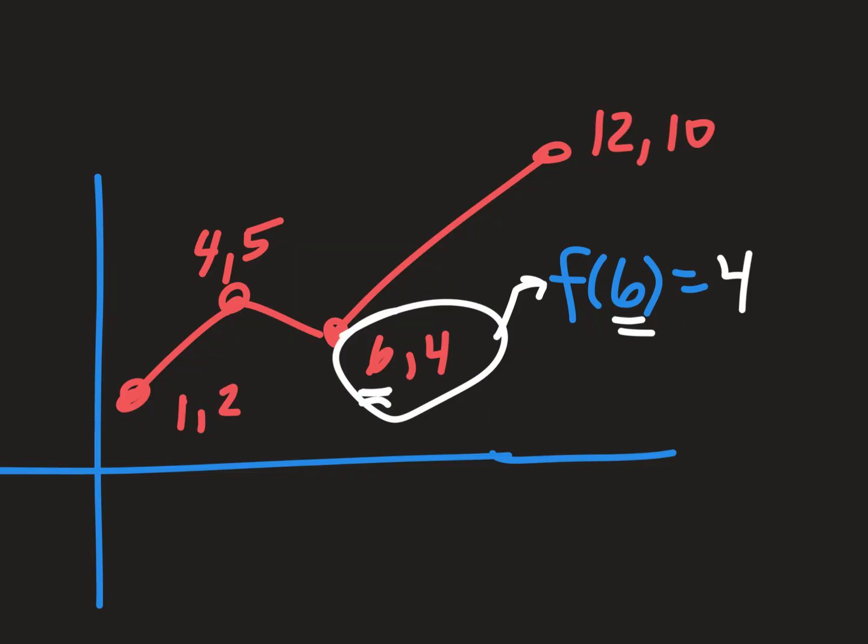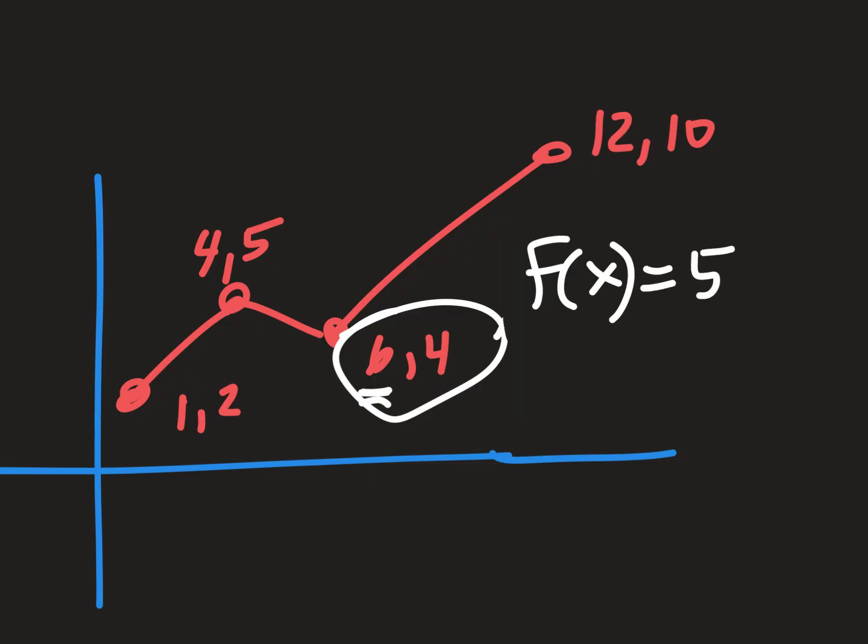Okay. Now, that's the easy kind where I give you the x. What if I don't give you that? What if instead I give you f of x is 5? This is more complicated than you might think. F of x is 5.